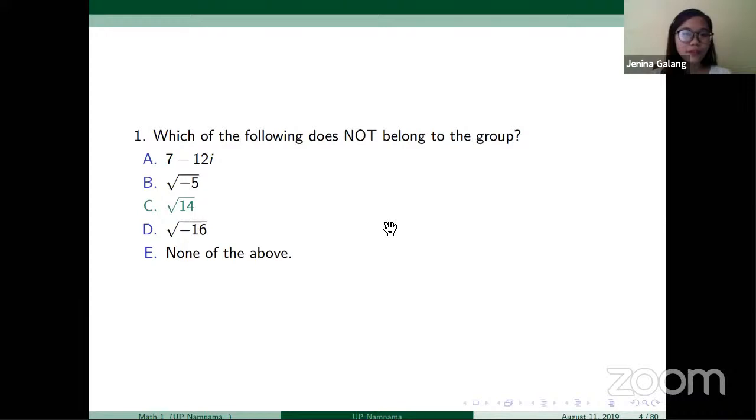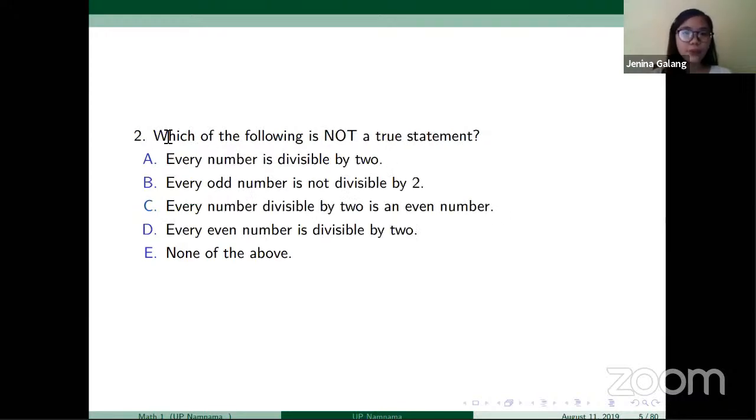So next, number 2, which of the following is not a true statement? So first, daanan muna natin lahat ng choices. So every number is divisible by 2. So this statement is false since meron tayong numbers which is not divisible by 2. For example, yung odd numbers natin.